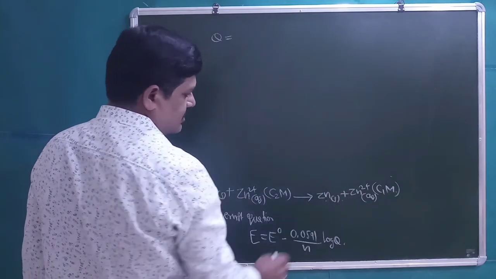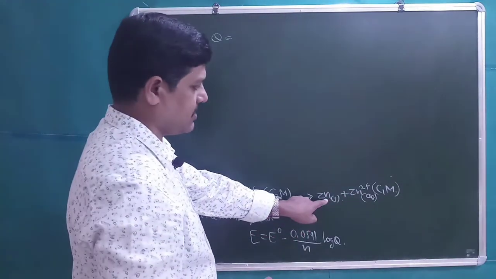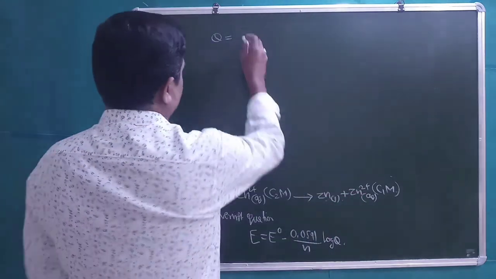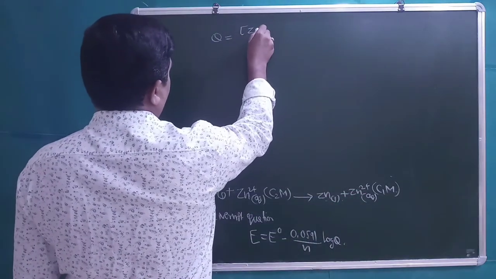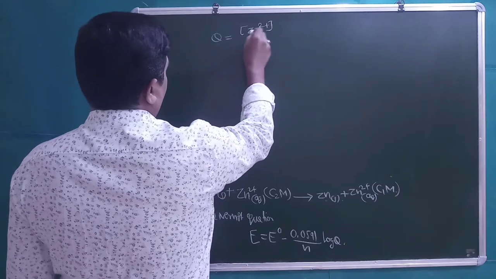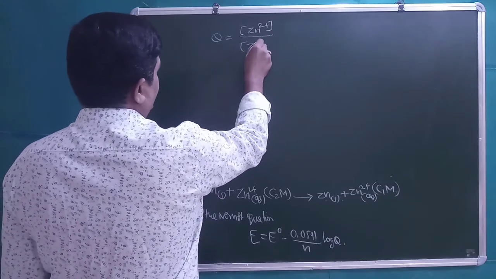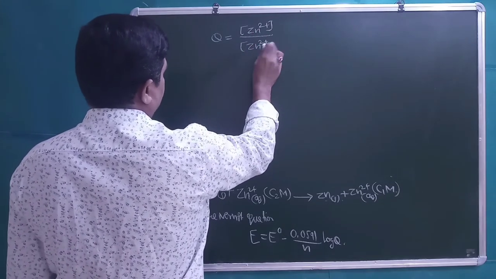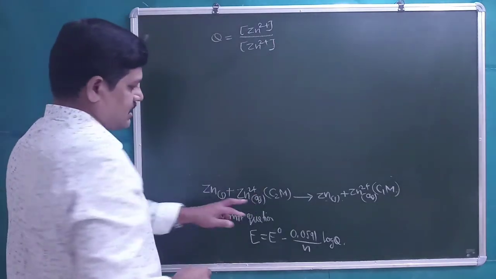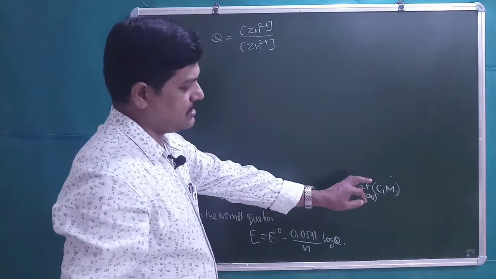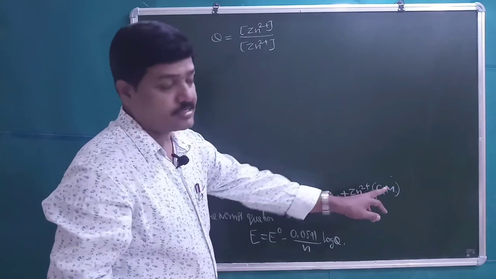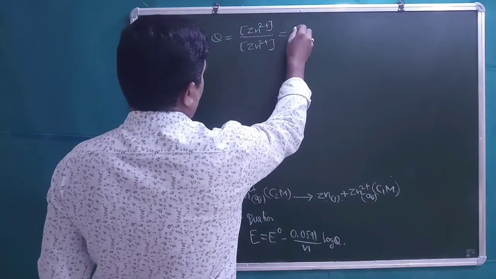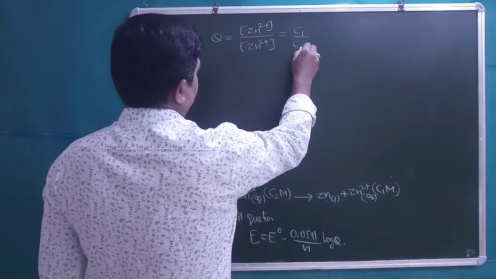Here Zn solid, the active mass for solids is 1. So only the concentration of Zn2+ we write in the numerator. Denominator again Zn2+ aqueous. Zn2+ aqueous is present, right? But here the concentration on the product side is C1 molar, and on the reactant side it is C2 molar.